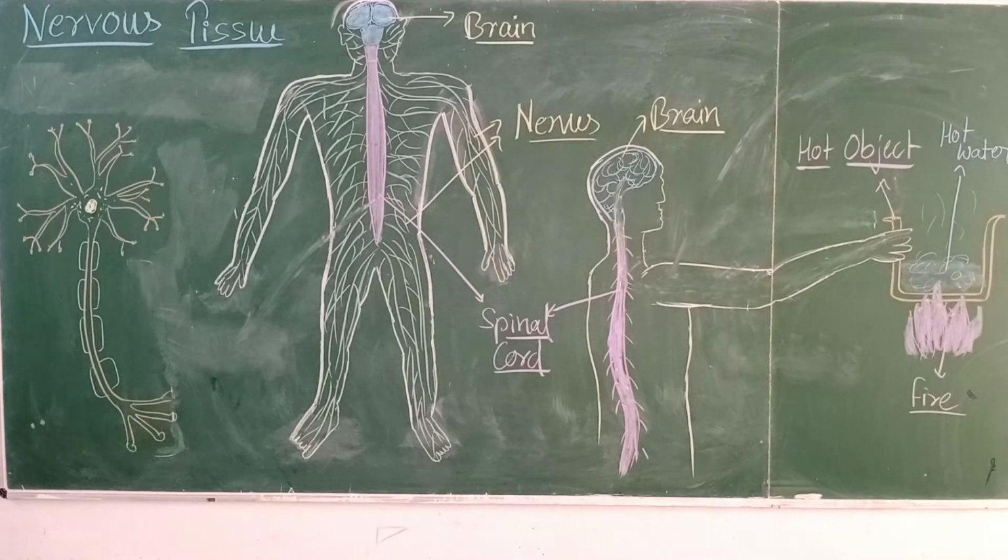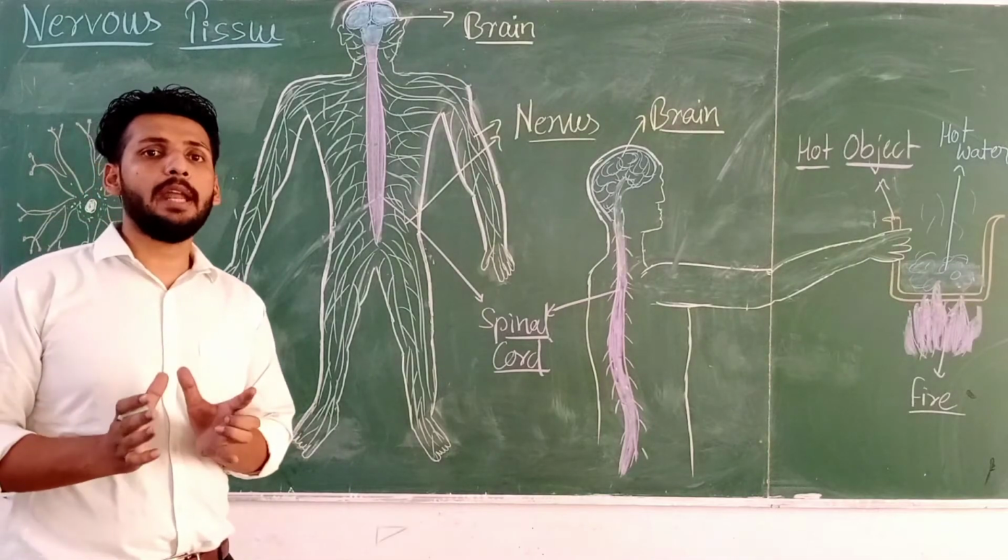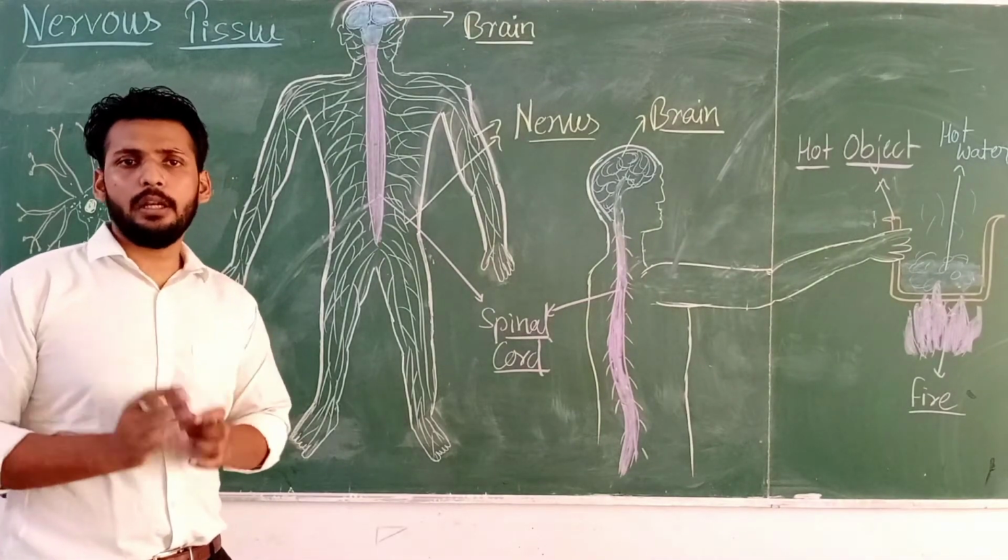Got it? What are these nerve impulses? We will study. This tissue is specially designed for the conduction of stimuli and made up of special cells known as neuron or nerve cell.